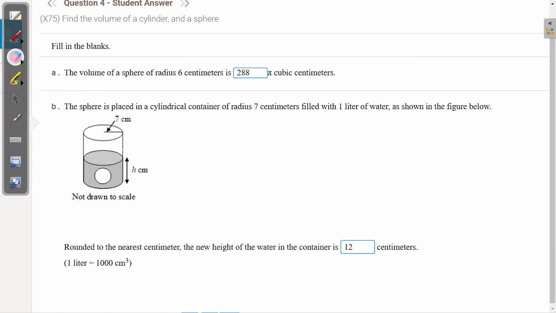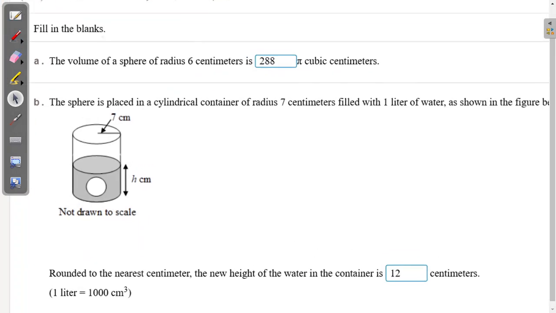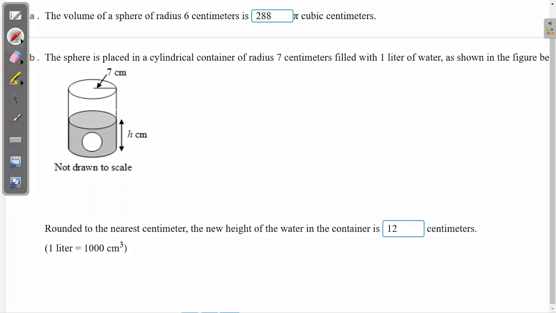Okay, and they told you the volume of the water, that's all they told you. And so to use this to find the height, you know that the volume of the water is equal to the volume of this cylinder, this small one, minus the volume of the sphere.